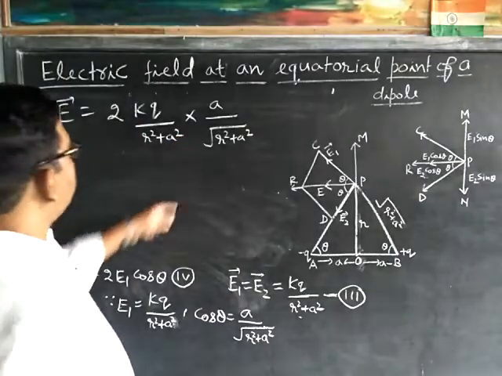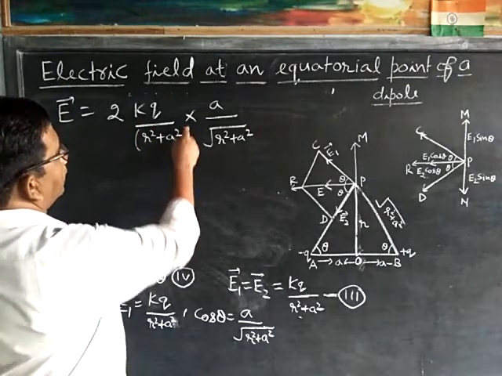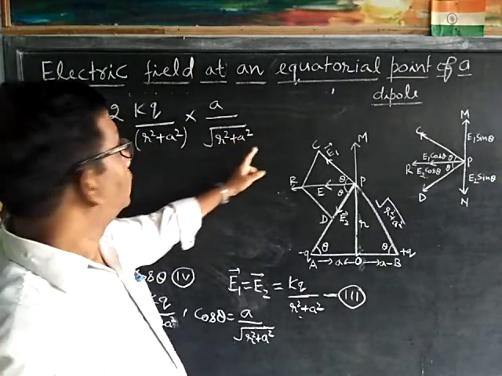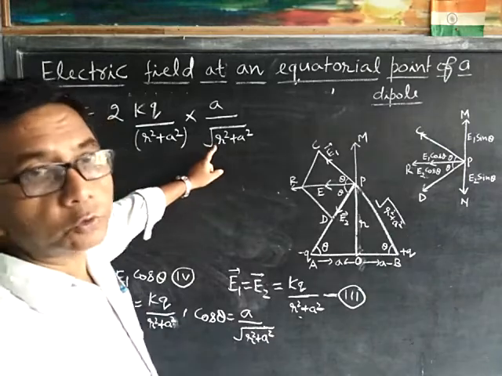Here R square plus A square power 1, and here R square plus A square power 1 by 2. Then it becomes 3 by 2.